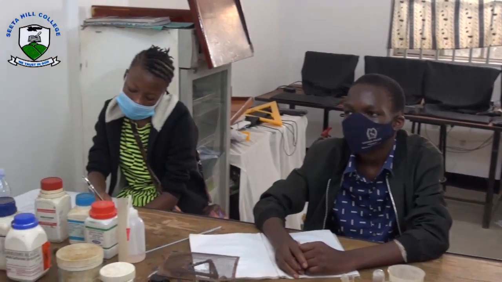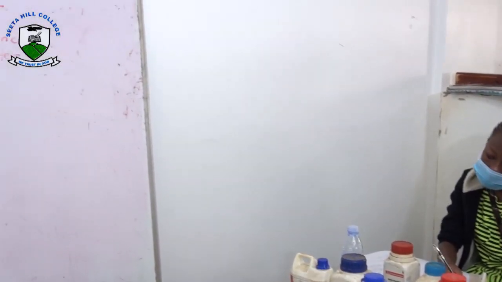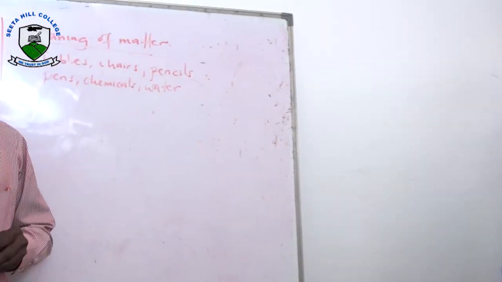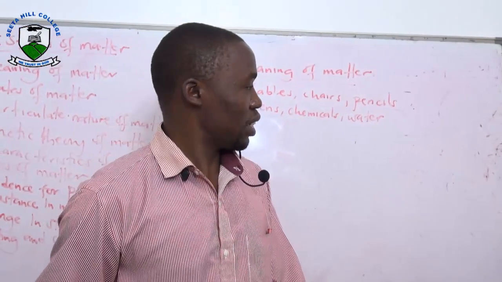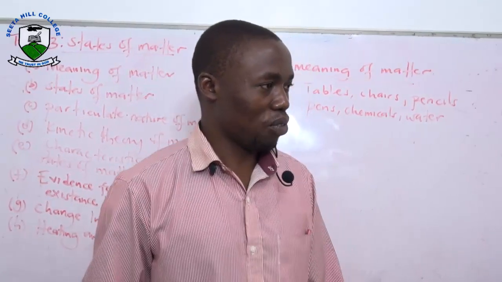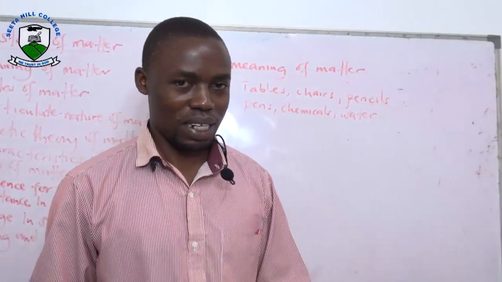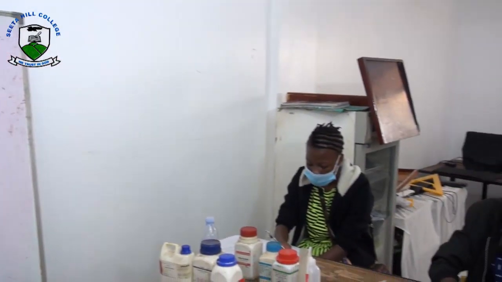Now, could somebody give the meaning of matter in the form of a definition? What is matter? Let's have Yuko help us. Matter is anything that occupies space and has weight.